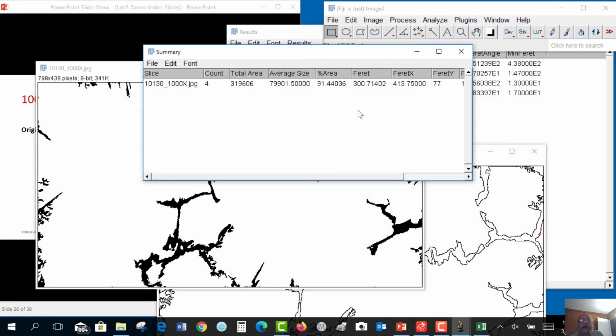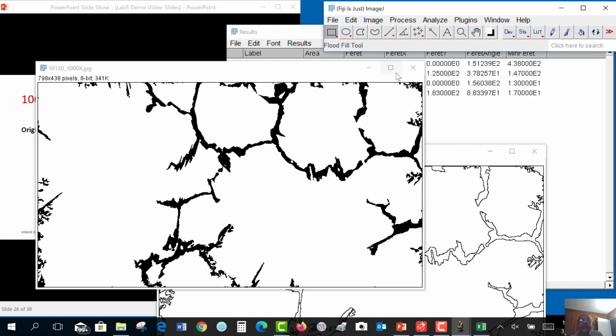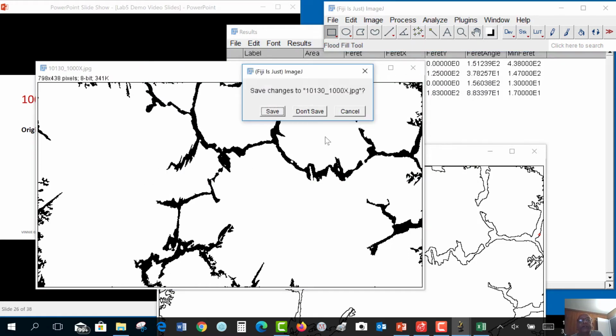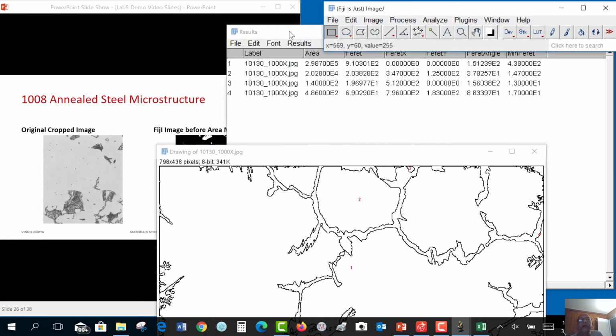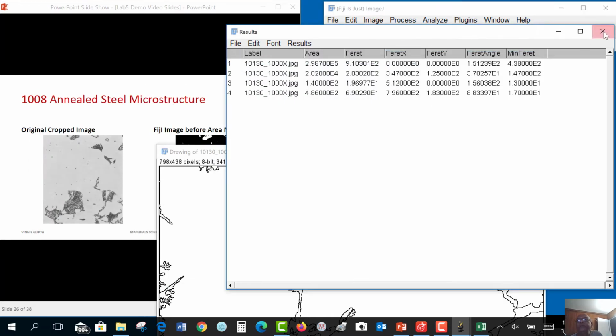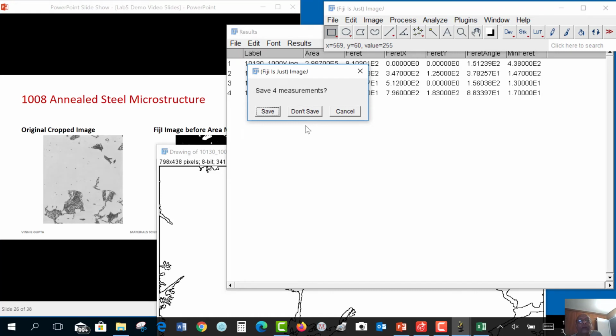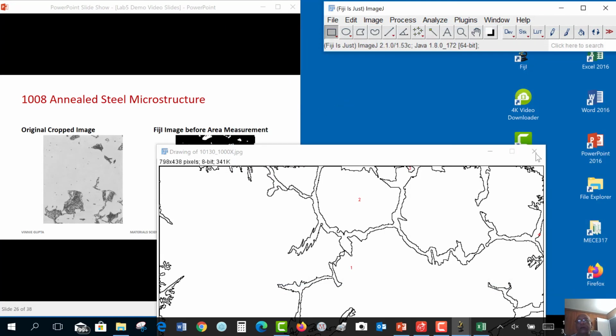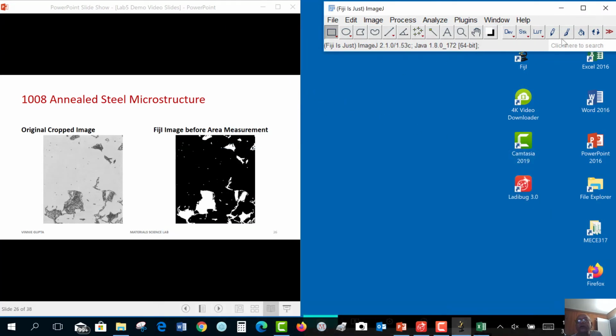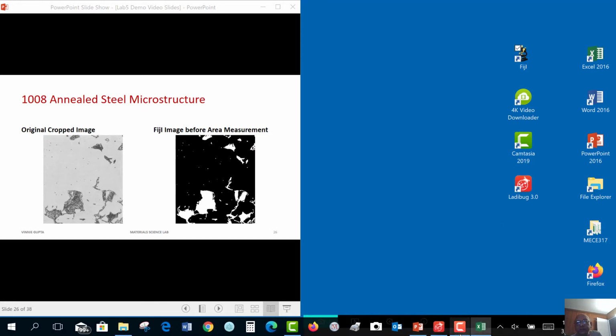When you do your assignment images, this Word sheet would be part of your report. So let me close all these windows.